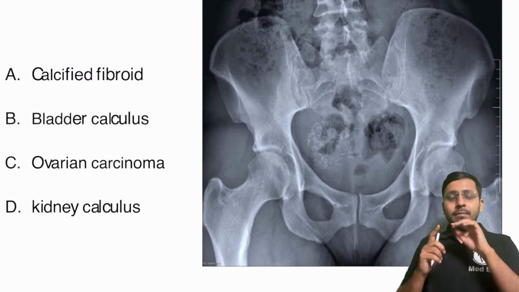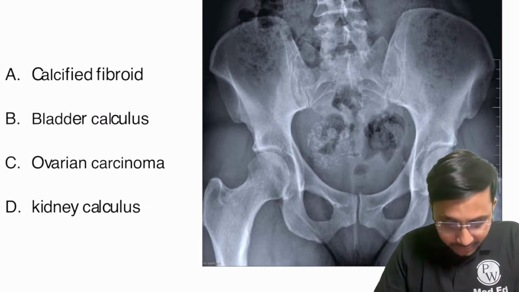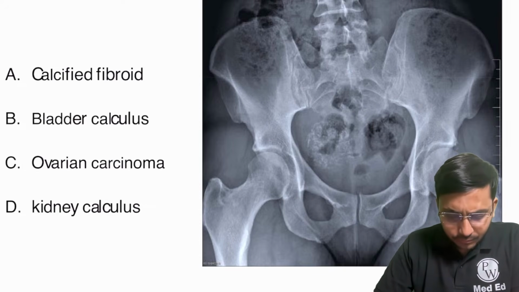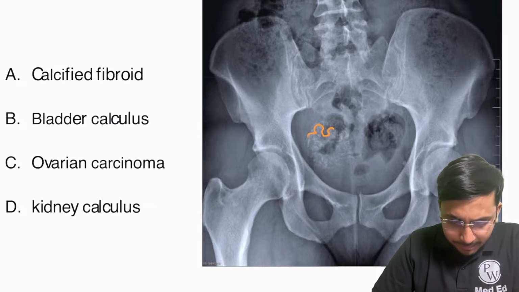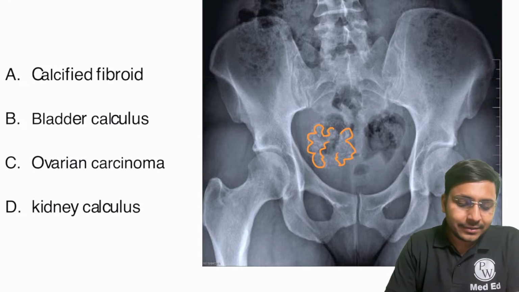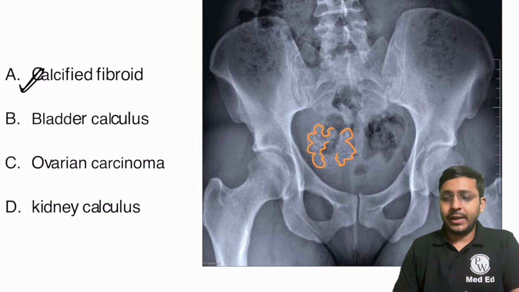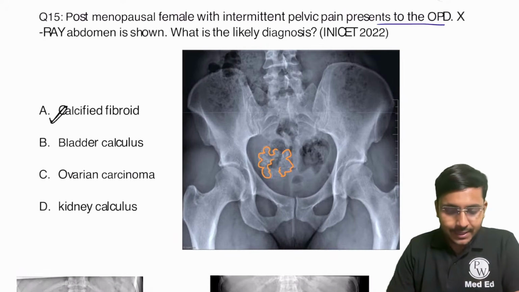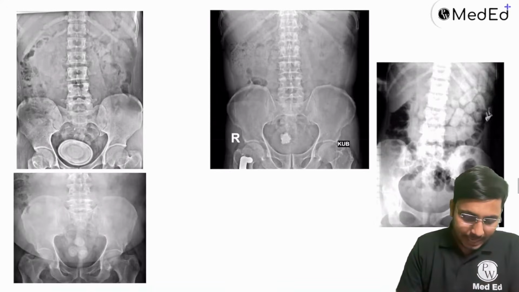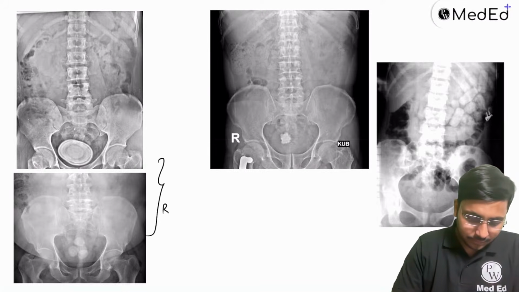But in a female, always and always see what is the type of calcification. So in this you see that there is stippled calcification. ठीक है, this type is seen in a fibroid. ठीक है, so all of you have got this correct. This is a fibroid.